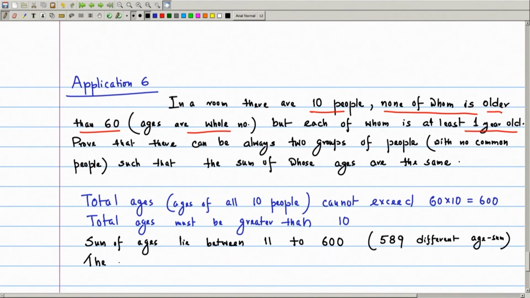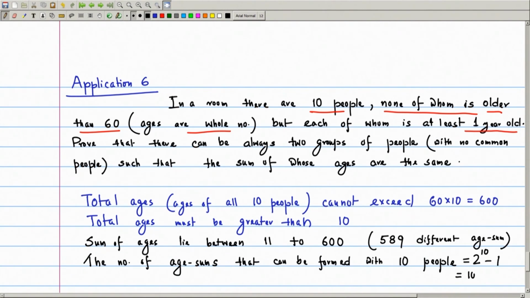The number of sums of ages that can be formed with 10 people is 2 to the power 10 minus 1, which is equal to 1023.